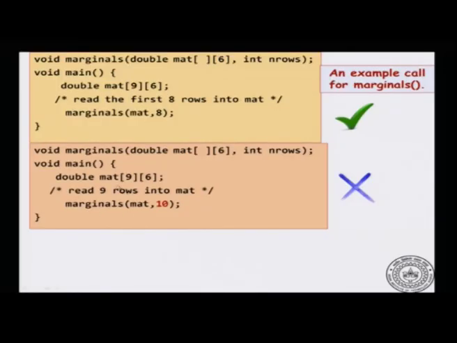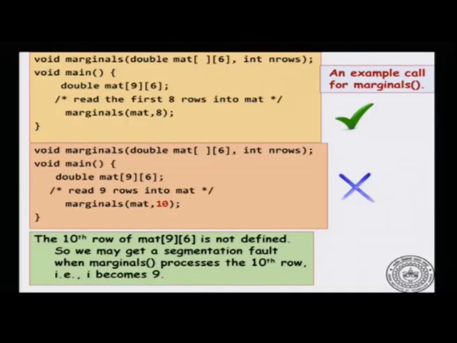For example, you have just declared a 9 by 6 matrix. Now, the 10th row of the matrix is basically invalid. So, if you pass it, you could expect your code to receive a segmentation violation when you run the code. When it processes the 10th row, it has basically crossed the limits of the array. So, the code may have a segmentation violation.